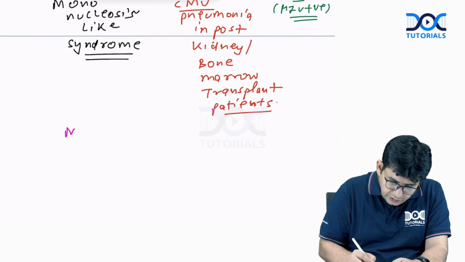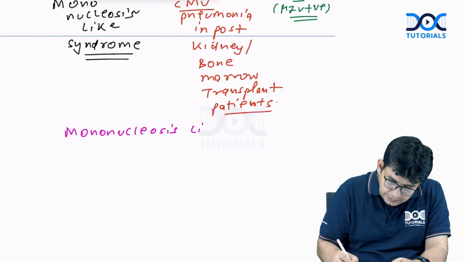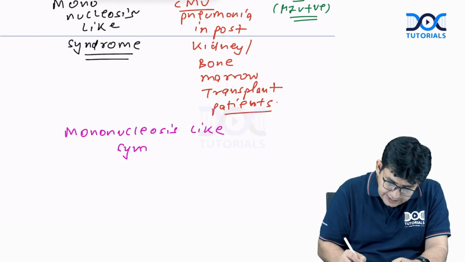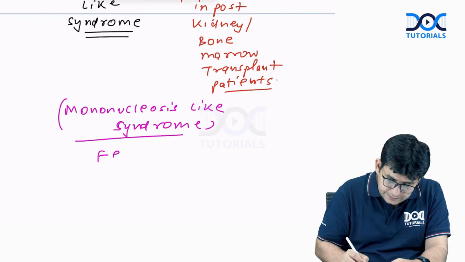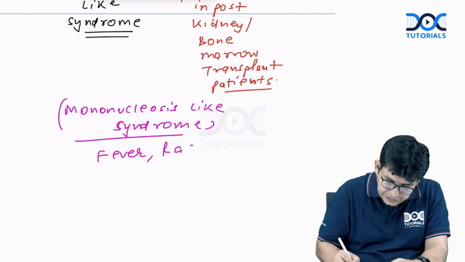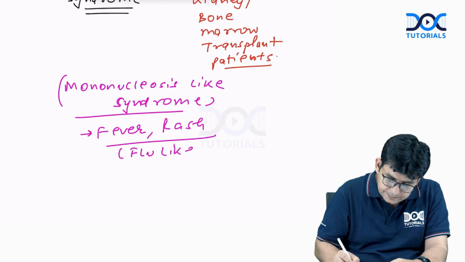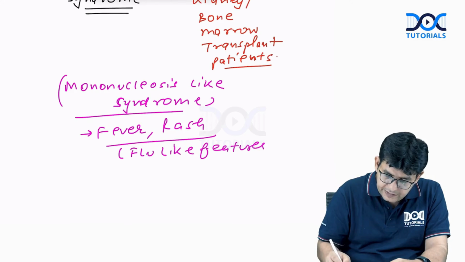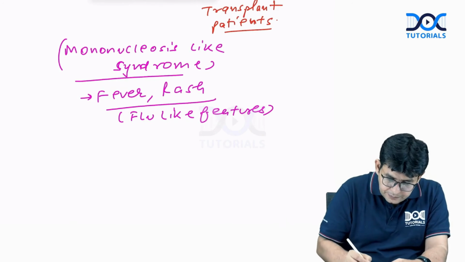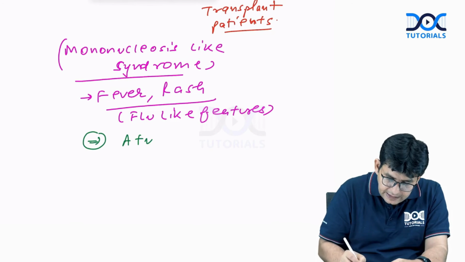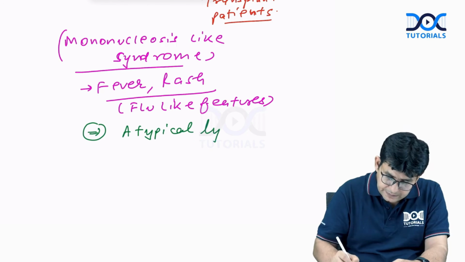So first of all, if we want to talk about the mononucleosis like syndrome, it is having fever, even rash, okay, flu-like features. Along with these flu-like features, they have certain big lymphocytes, and name of those lymphocytes is what, guys? Atypical lymphocytes.